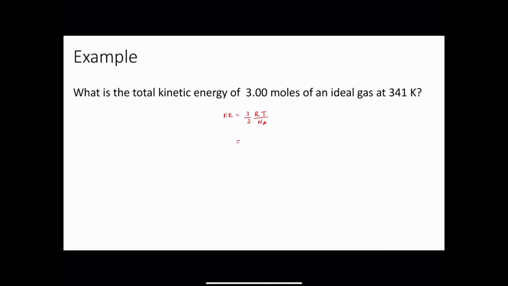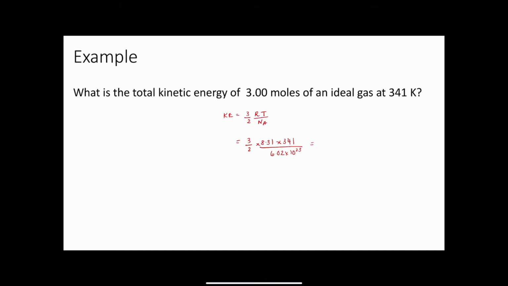Plug the numbers in. This time we've got our temperature in Kelvin, so we don't have to worry about changing that. Remember that Avogadro's number is 6.02 times 10 to the 23.